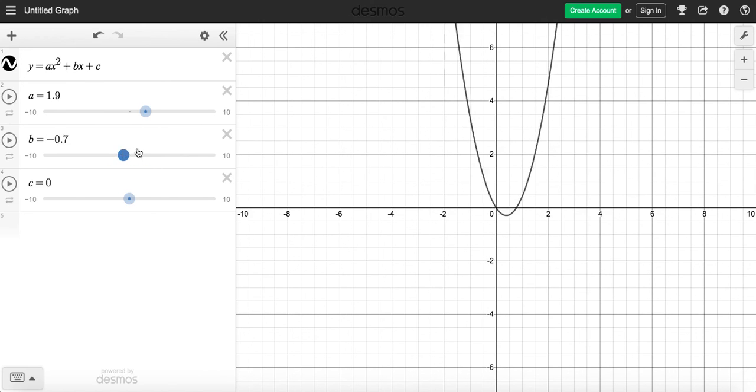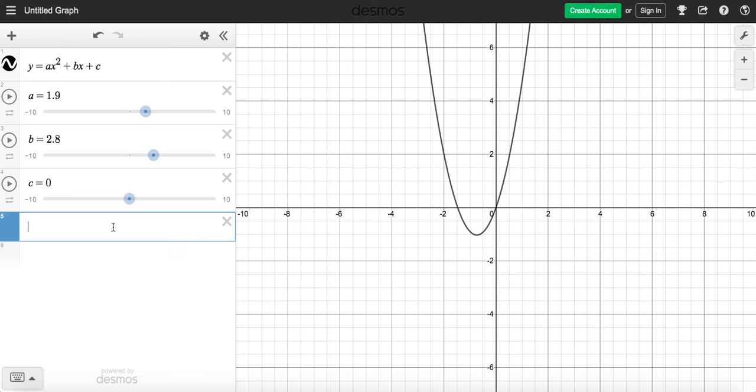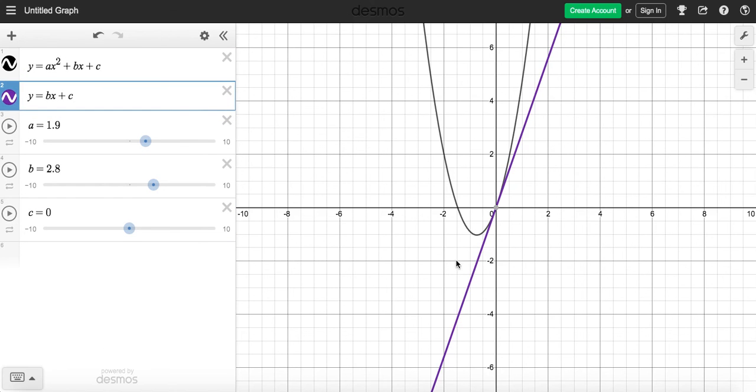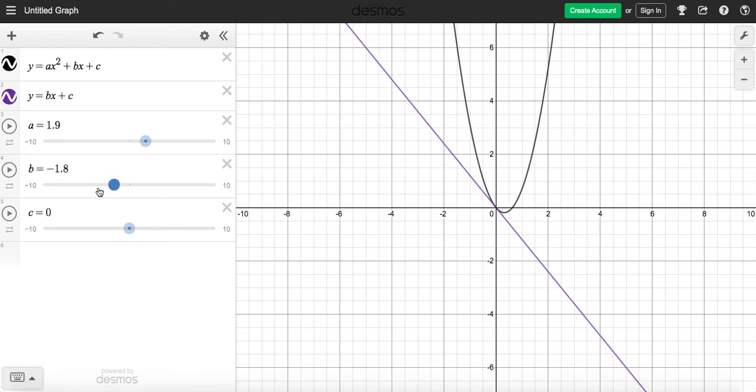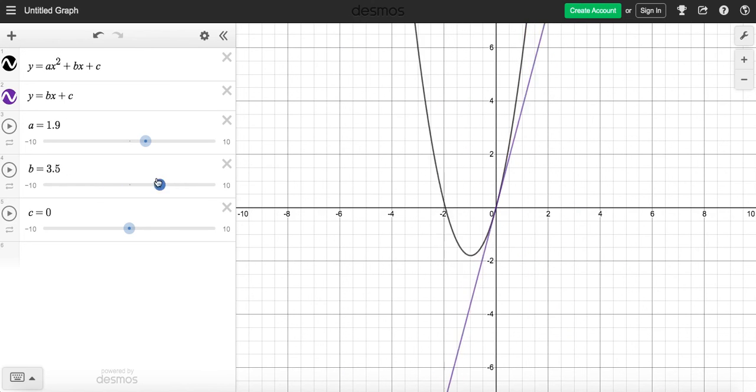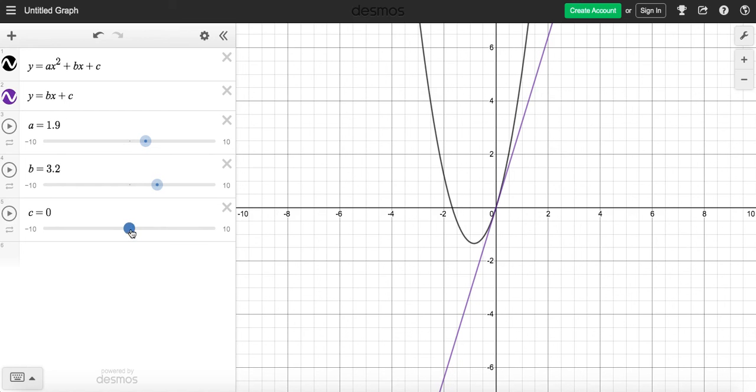And just to really demonstrate that, I'm going to put in y equals bx plus c here. And I'll just slide that up with this. So we can see that as we move b around, that's determining that slope right at the intercept. And then c determines our intercept.